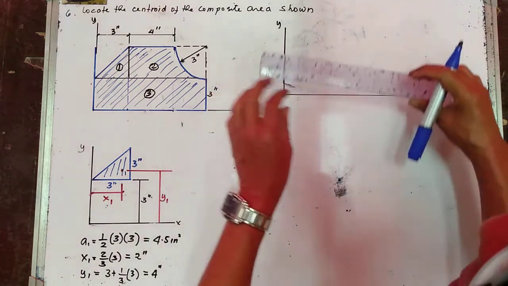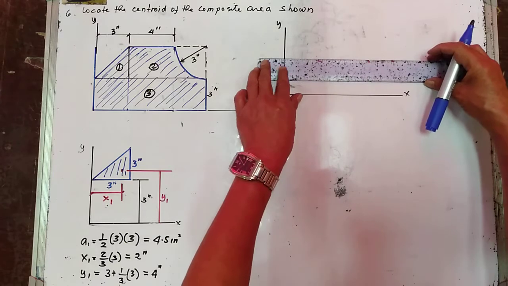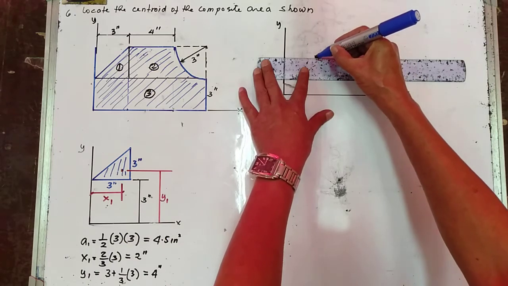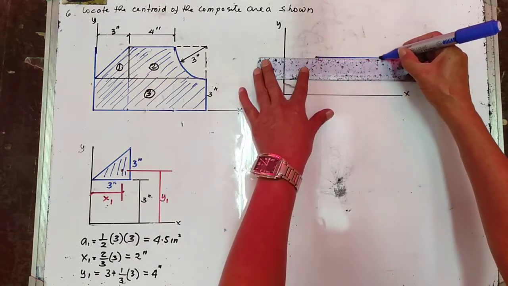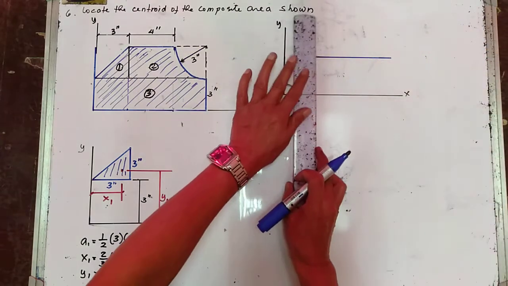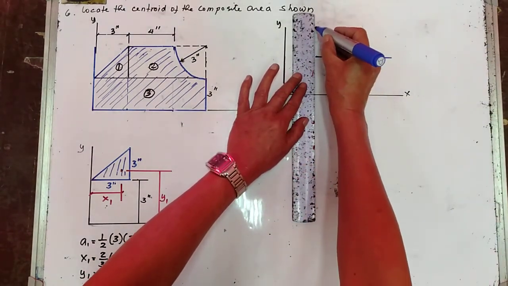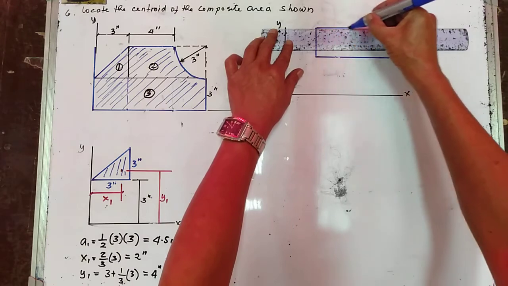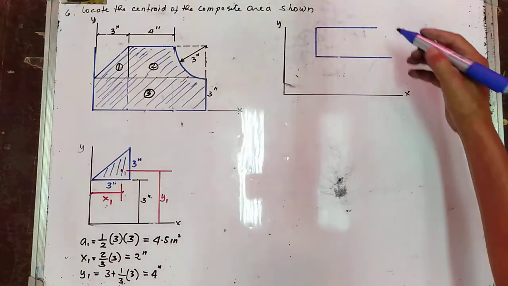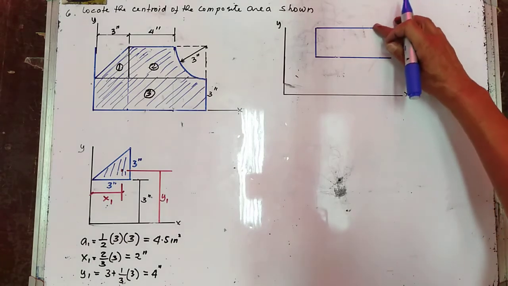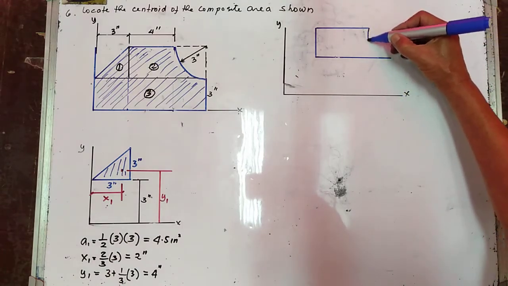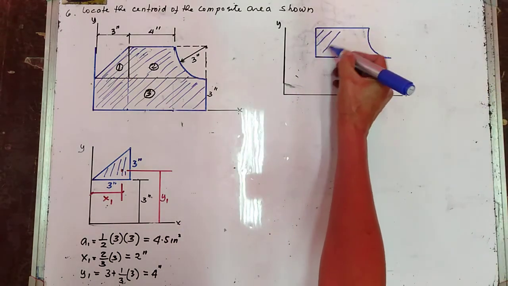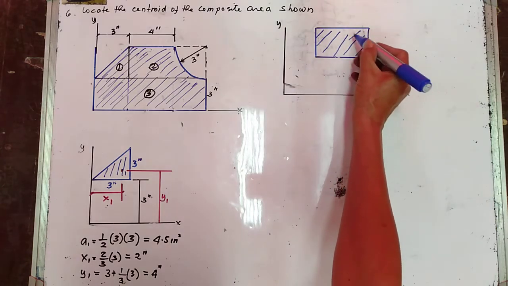So this is the second area. Okay, so we now have your area 2, or the second area.